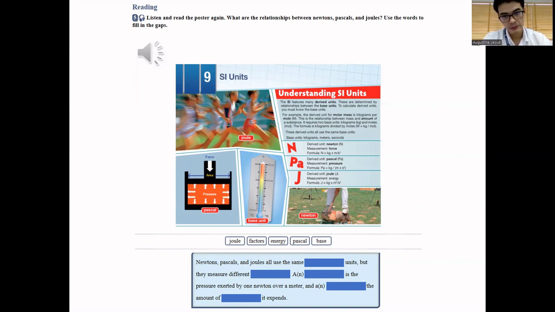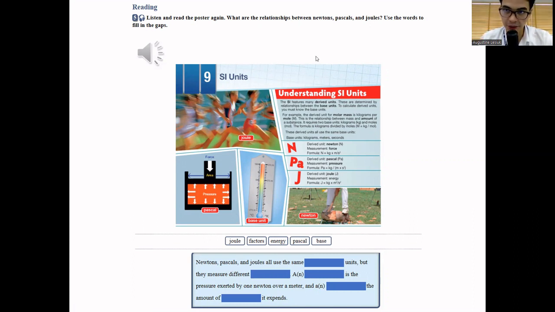Pa, derived unit: Pascal. Measurement: pressure. Formula: Pa equals kilograms per meter times second squared. J, derived unit: joule. Measurement: energy. Formula: J equals kilogram times meters squared over second squared.